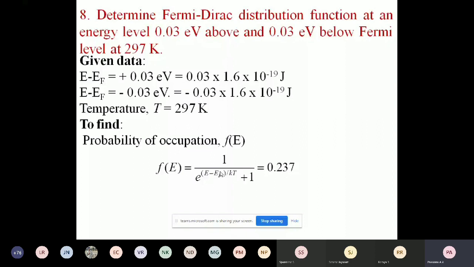It is also mentioned in terms of percentage, 23.7%. And by taking the negative value, minus 0.03 into 1.6 into 10 power minus 19 joule in the place of E minus EF, you calculate it once again, you will get this answer 0.763. This completes the solution of this equation.